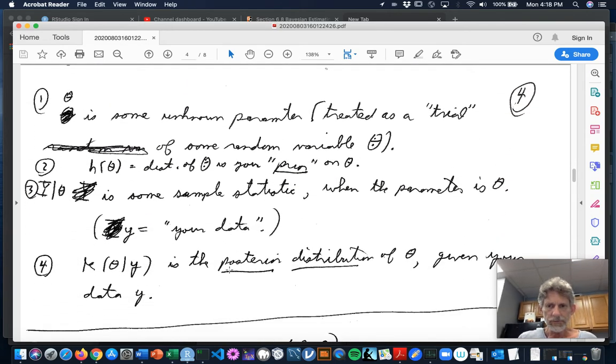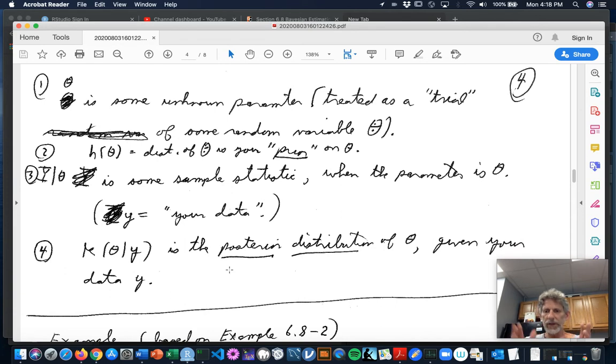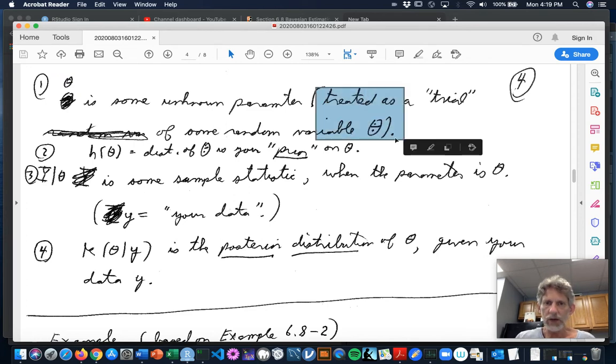So let's again review and make sure we got the terminology squared away. First thing is, little theta is some unknown parameter, some unknown number that helps to control the random situation that you've just been through. And it's treated as if it were a trial of some random variable capital theta.